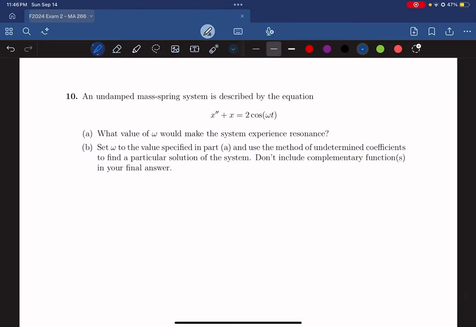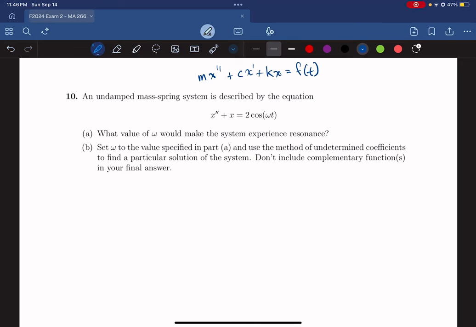Alright, so for this last one, it's an undamped mass spring system, and it gives us an equation. It's two-parted, and it asks us about resonance, and then it asks us to find a particular solution of the system. So first of all, the form for a mass spring system is going to look like this: mx double prime plus cx prime plus kx equals some function.